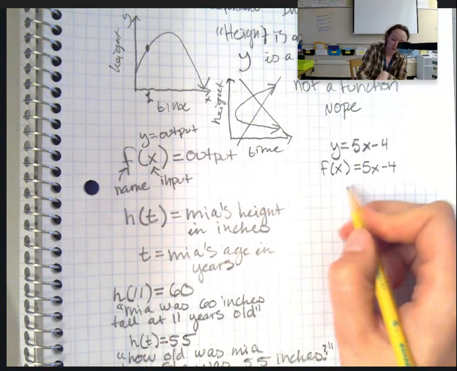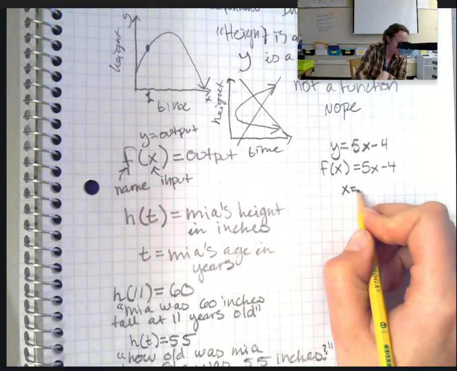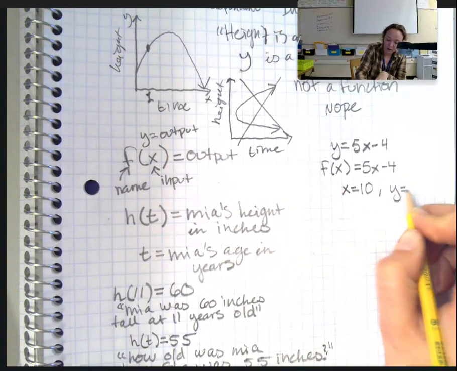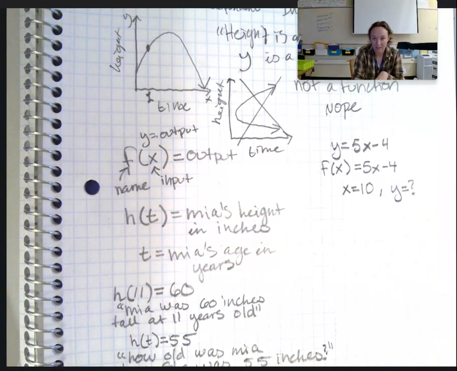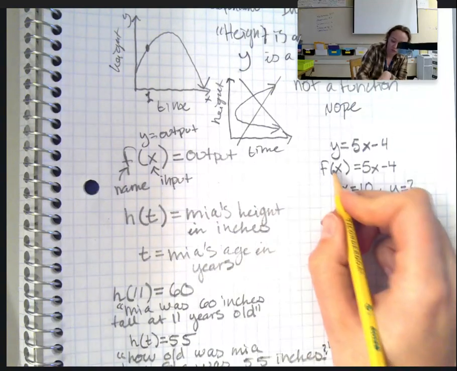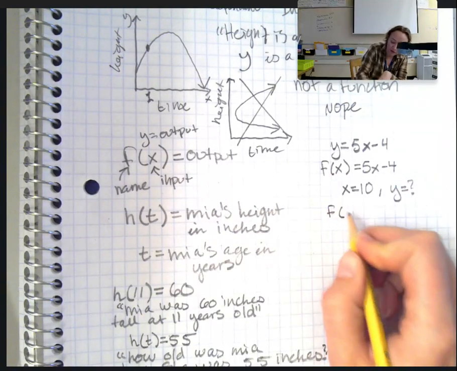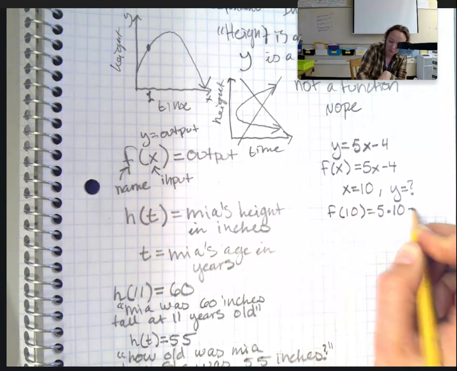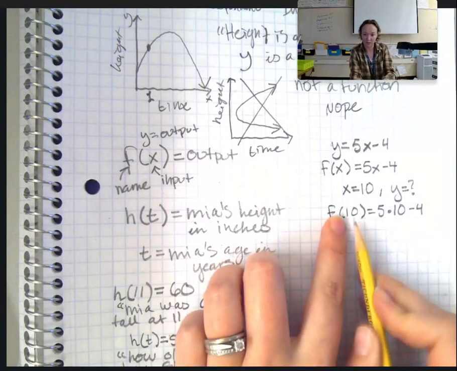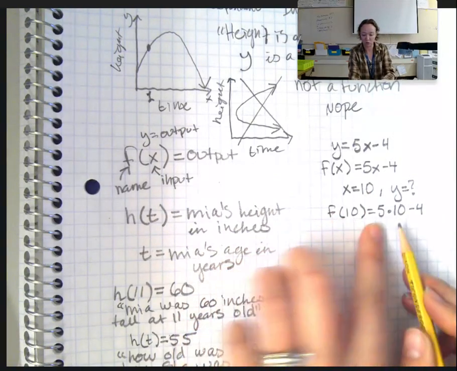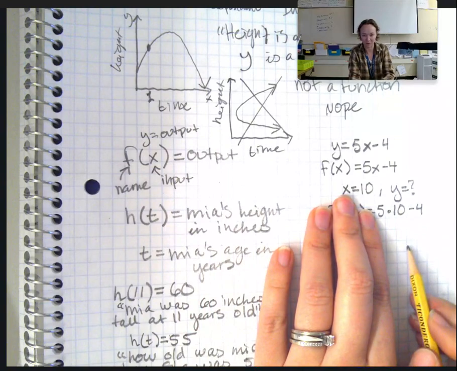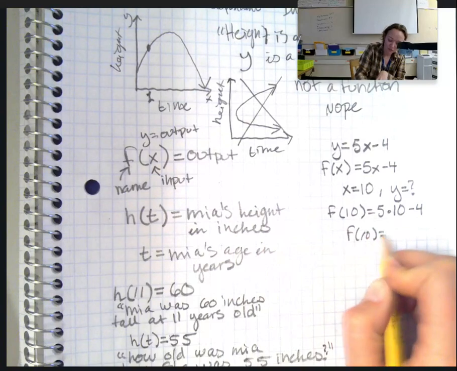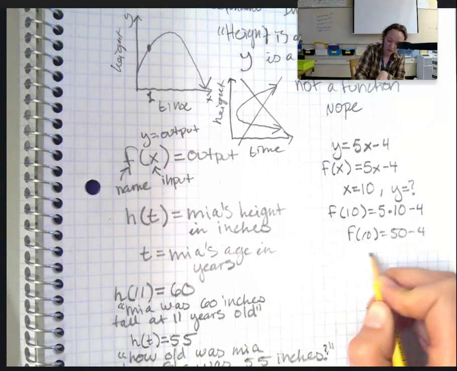So let's say I wanted to know when x is 10, what is y? What's the output when x is 10? So using function notation, I would write f of 10 equals 5 times 10 minus 4. I'm tracking what the input was here, and then I'm just doing the math on the other side the same as I normally would. So I'd say f of 10 equals 50 minus 4.